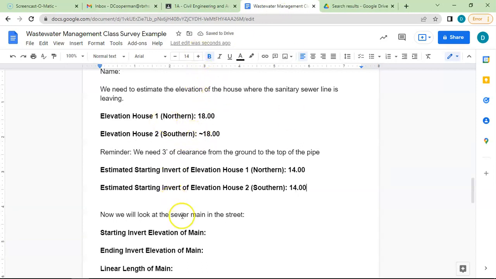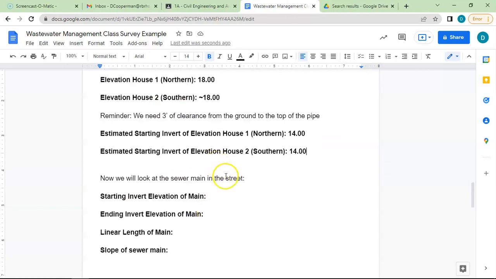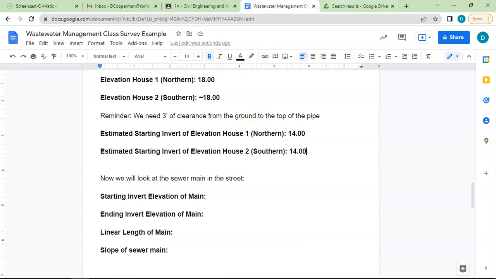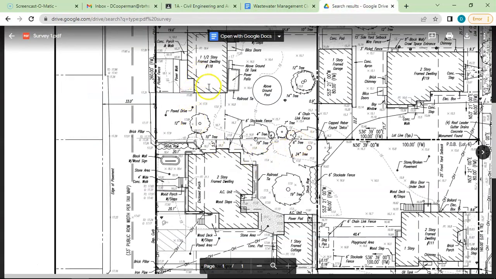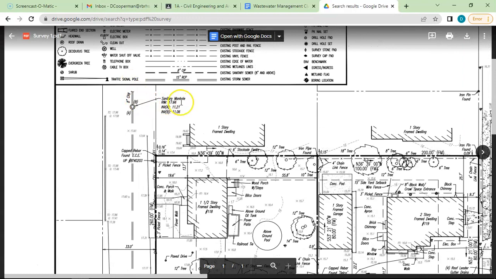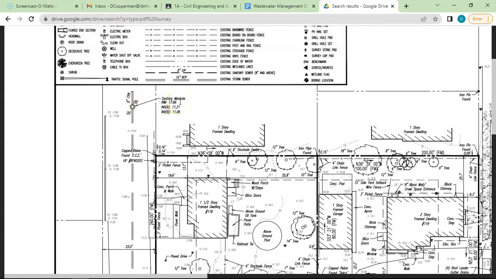Now we will look at the sewer main in the street. Okay, so now where are we tying into? Say this is going to be right here, and we're going to tie into this sanitary manhole in the street. Now you should recognize some of this information that's given.